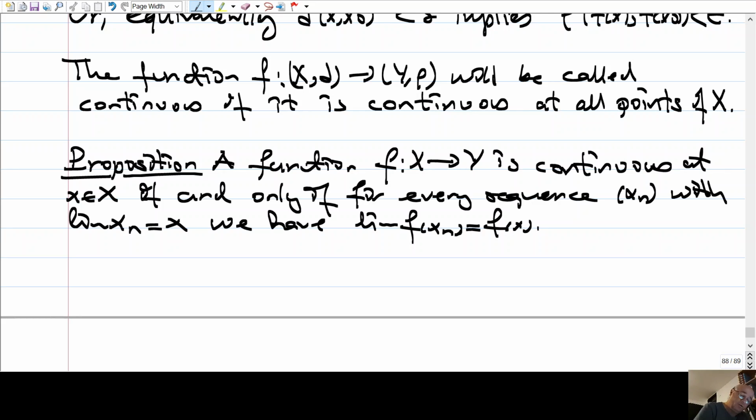So you also recall this definition, right? This is the definition we used also for functions defined on the real line. So the definition given using epsilon delta is equivalent to this definition for sequences.